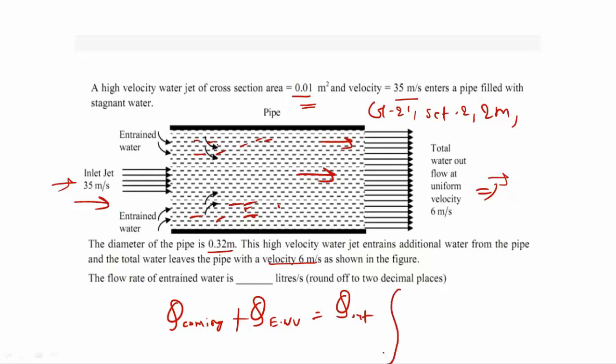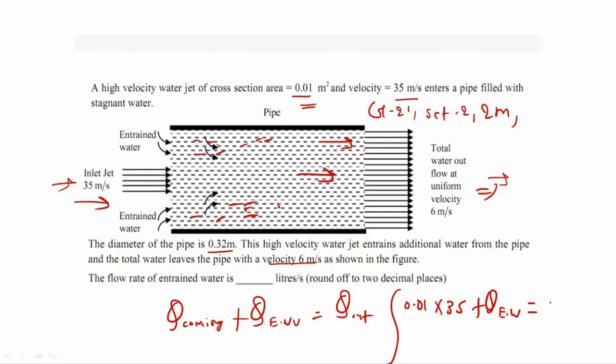See here, what is coming in? What is the cross sectional area? So 0.01 multiplied by area into velocity. What is the velocity? 35. Okay, plus Q entrained water, which you have to calculate, equal to Q outlet.